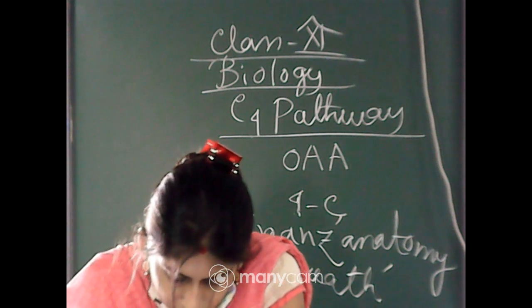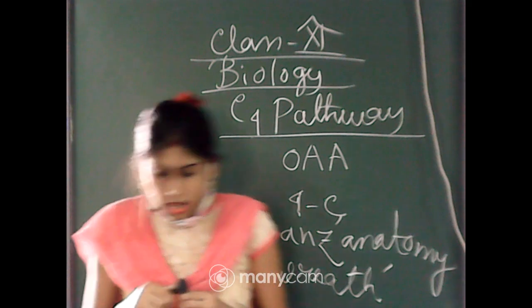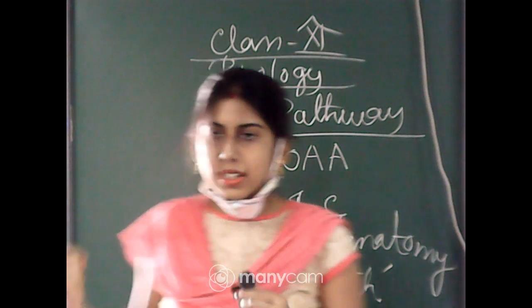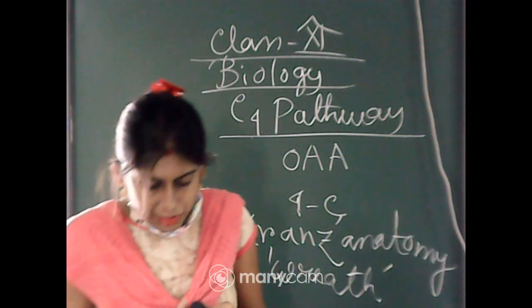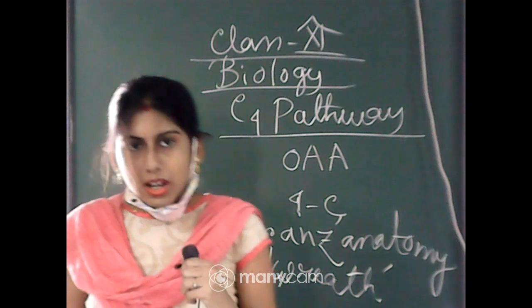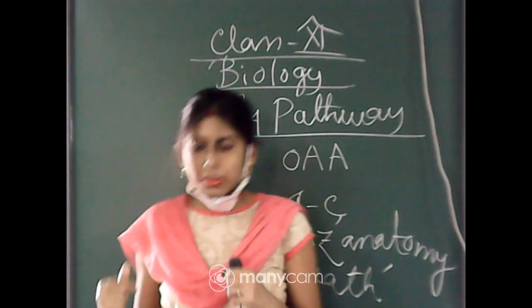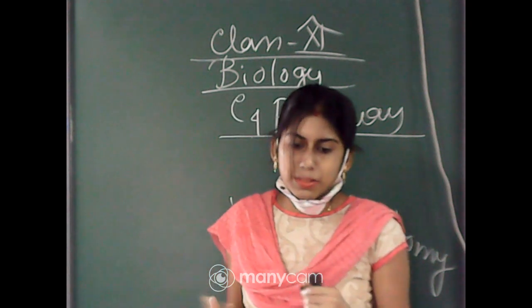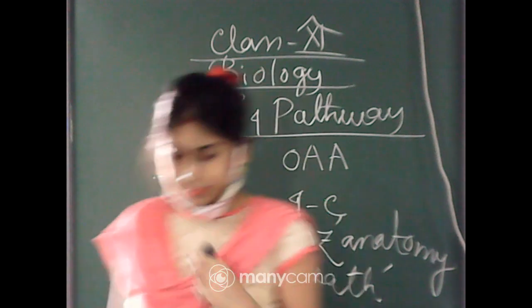If we cut a leaf of maize or sorghum, you will find this type of Kranz anatomy and these special modifications. So a question may come: what are the differences in anatomy of leaves in C3 and C4 plants? Then these are some points.